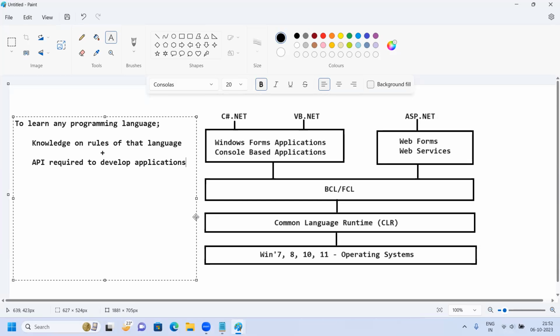Application program interface. API means ready-made things. What are the ready-made things that the language provides? How to use them to develop your application. Simple. This is one basic point to highlight how you learn any programming language.